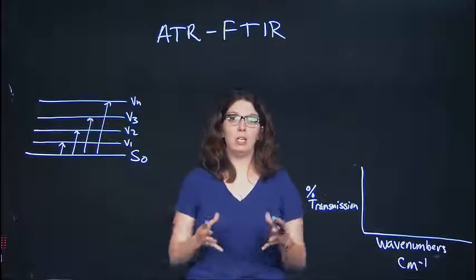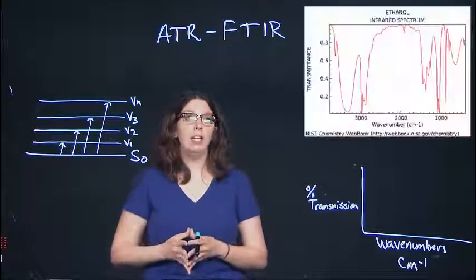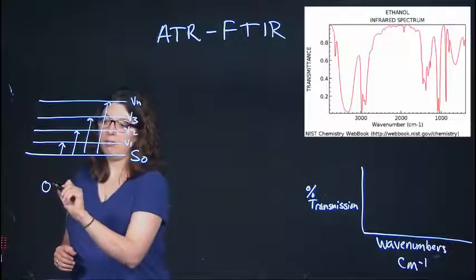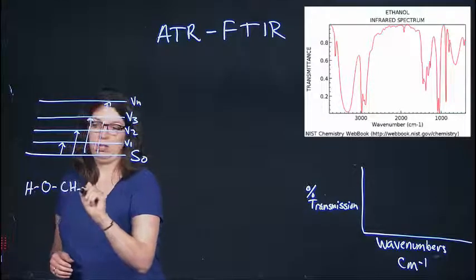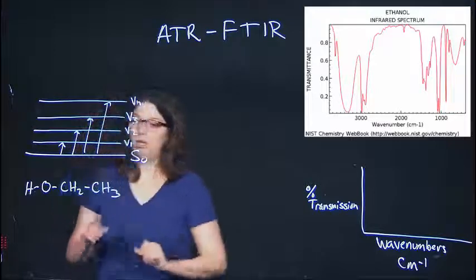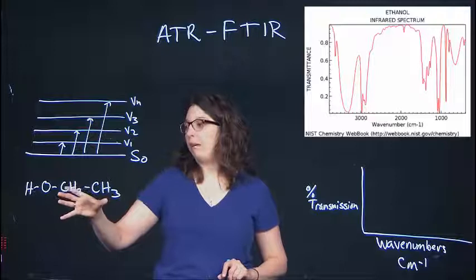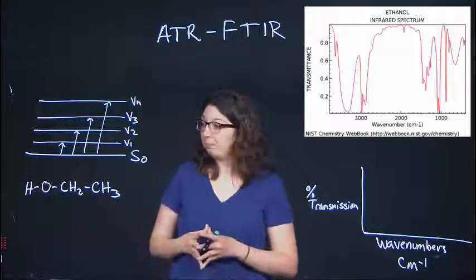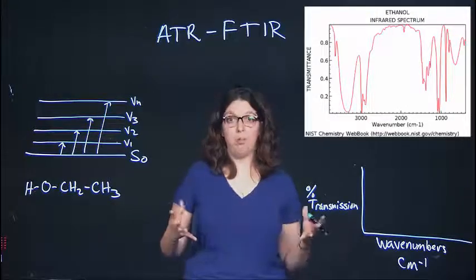So when we look at the infrared spectrum of ethanol, it has a number of different features that we're interested in. If we draw the structure, okay, we have an ethyl group and a hydroxyl group. So we're going to have an OH stretch that's going to show up in our infrared spectrum.